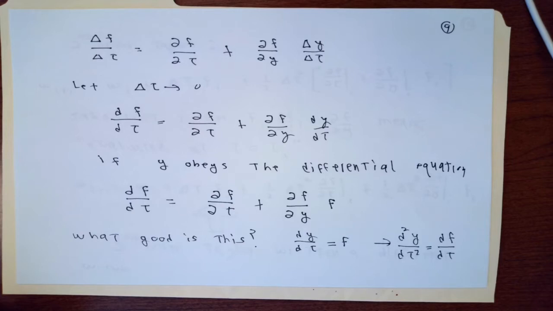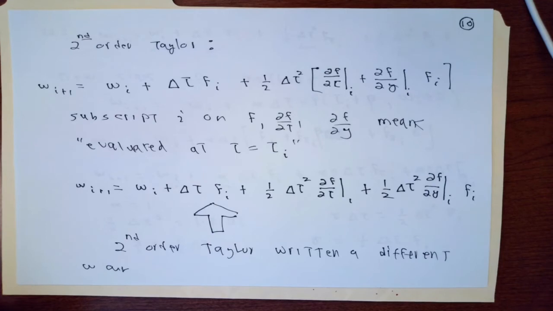What we have just figured out is actually an abstract version of the second derivative of y with respect to t. That's the quantity that I need if I want to do second order Taylor. Second order Taylor, written out in terms of the first derivative of y and the second derivative of y, is on the second line.